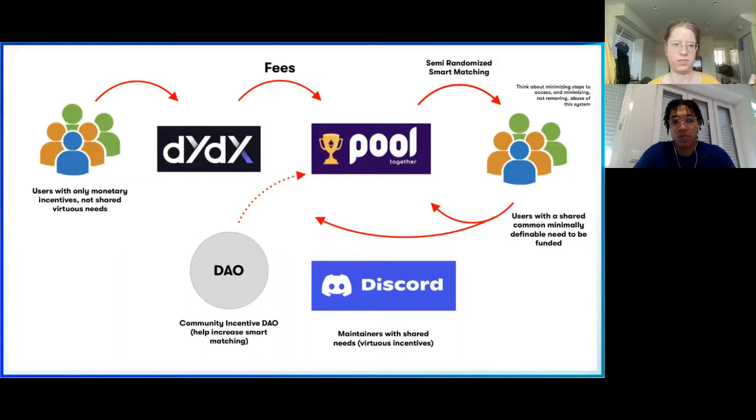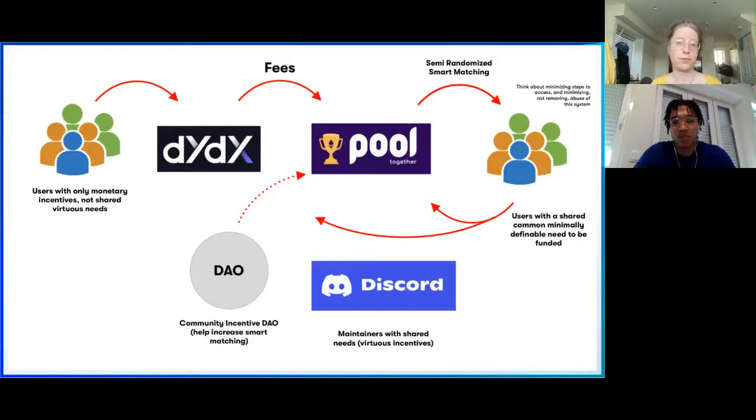users with just a universal incentive, which is money, in this case maybe Ethereum or NEAR, they're not shared. There's no virtuous needs, but they like perpetuals. So they're on dYdX, and they're just playing the perpetuals market. Well, okay, a portion of those fees could then go into funding PoolTogether.